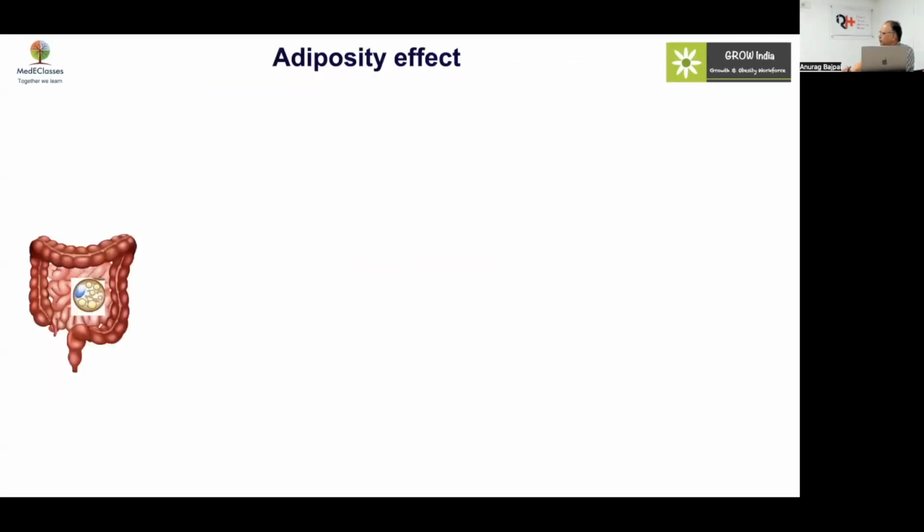The final few words about the effect of obesity. So what do you expect the bone health to be in obese children? Okay, but doesn't obesity have more estrogen, better bones? So first of all, is the bone mass less in obese individuals or not?